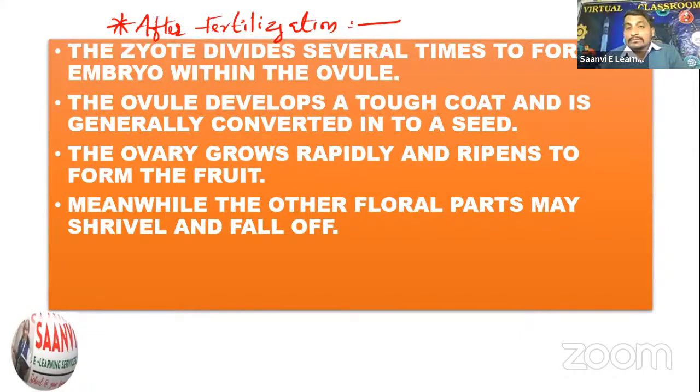The zygote develops several times, and from the zygote the embryo forms within the ovule.